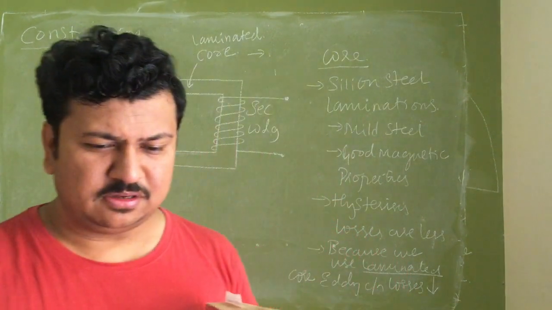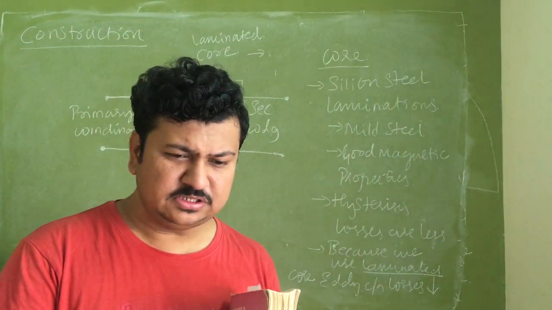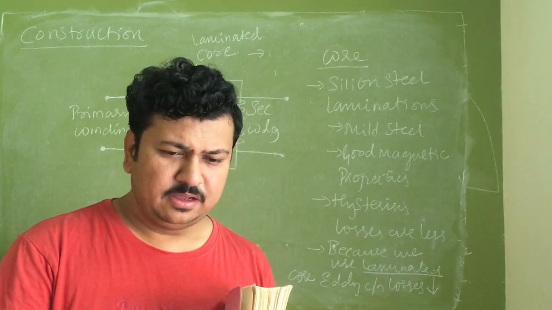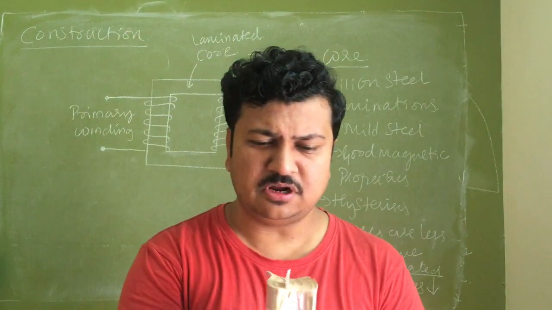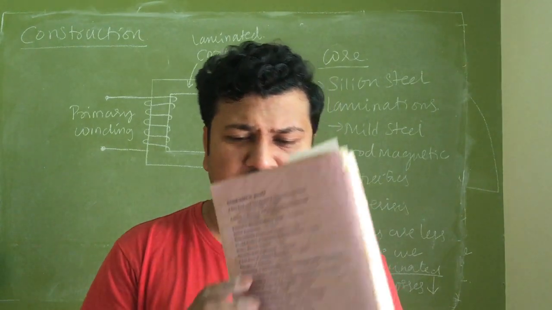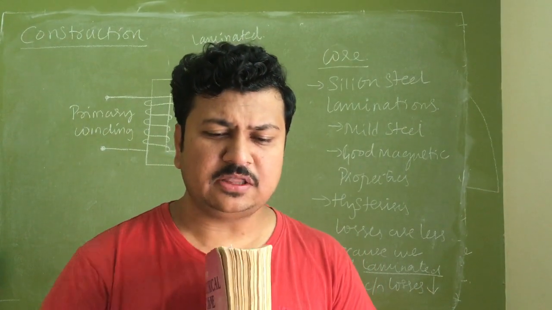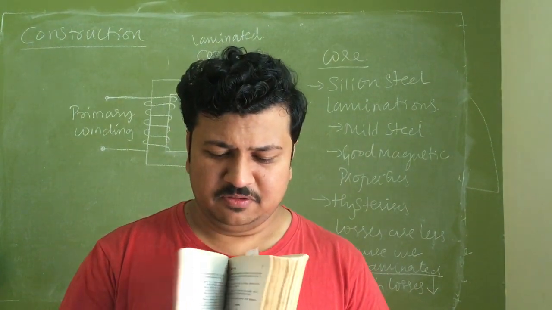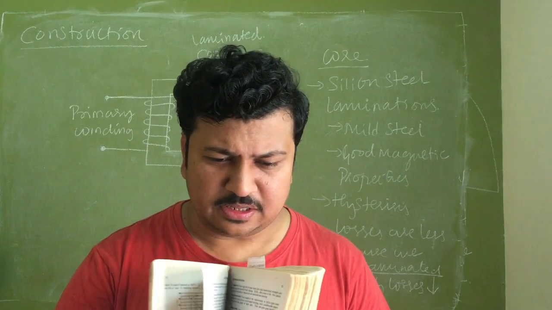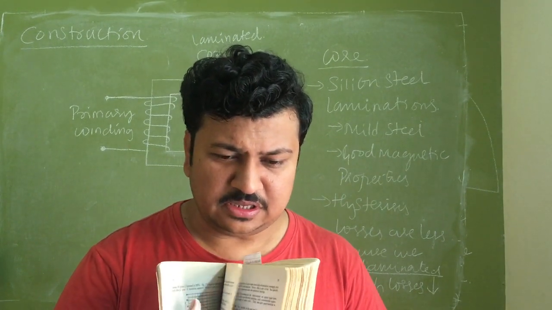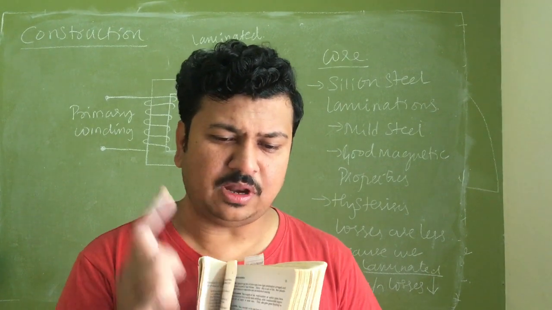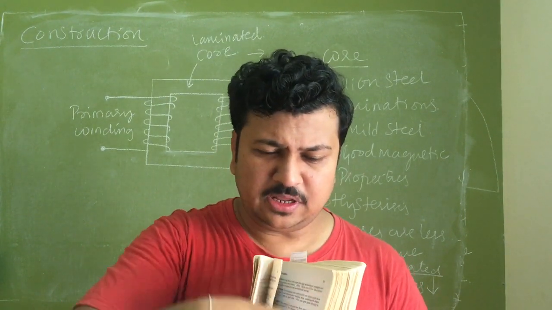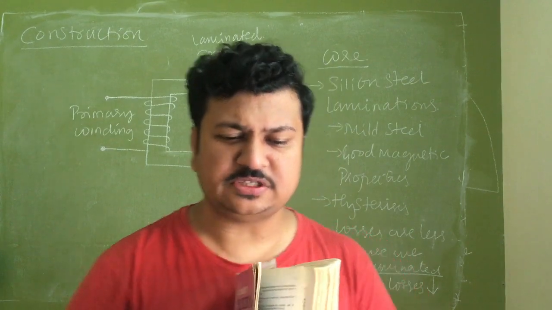But you may ask, what is the point, instead of taking a single thickness like this, of going for laminated thickness? We should not forget that each lamination is insulated from its adjacent two laminations. Between every lamination there is an insulation.